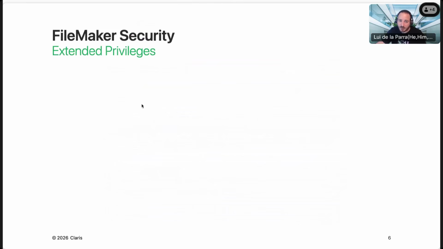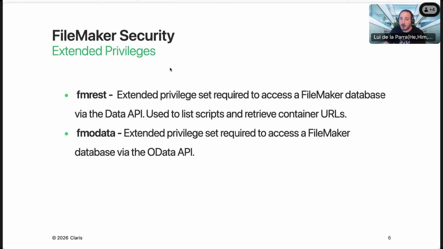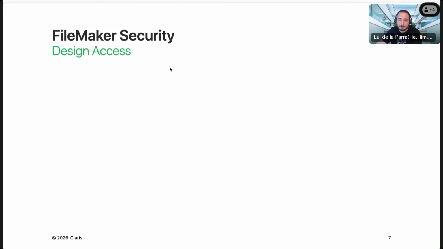Just to quickly recap, we require the FM REST extended privilege set to access the FileMaker database via the data API, which is used to list scripts and retrieve container URLs. We also need the FM OData extended privilege set, which is required to access the FileMaker database via the OData API. More granular permissions can be set via FileMaker's security design access.